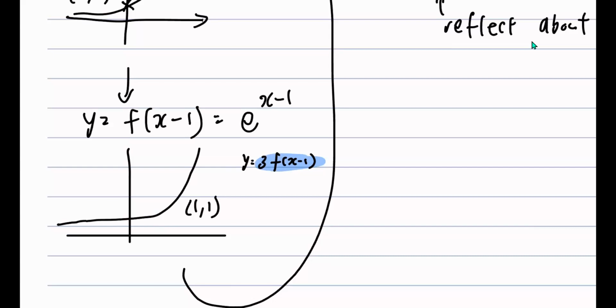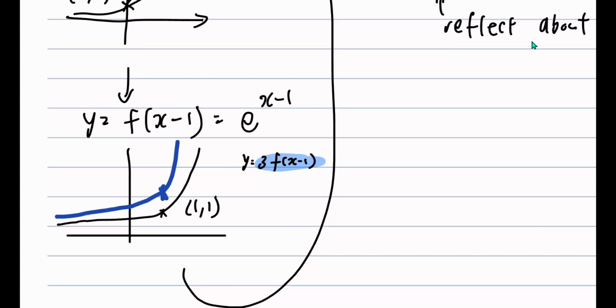Where is my 1, 3? It's somewhere slightly above. Let me think. If I times 3, every y value is multiplied by 3. Sorry, the graph should look like this. It just goes above. It's steeper.